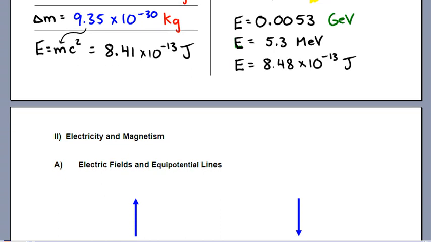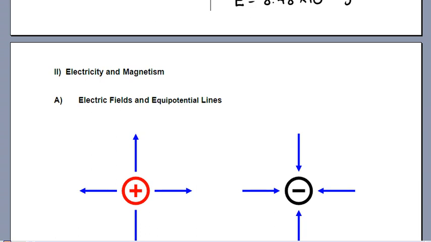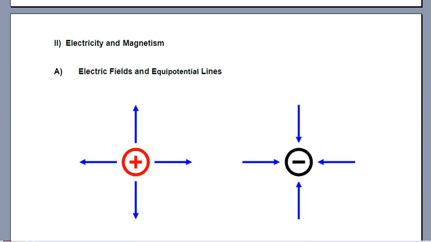And now we're going to transition over a little bit. The second part of this, if you want to call it a chapter, just of extra topics that we haven't quite touched on yet, is actually going to be about electricity and magnetism. And so we're going to take a look at some different ways to look at some stuff that you've already seen.